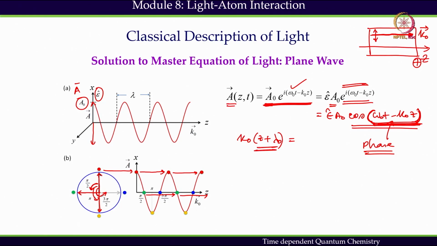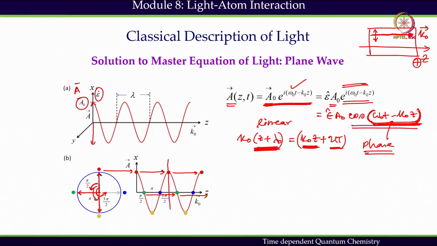So this is linear advancement, and as a result I will have this angular advancement of 2 pi. Remember, k naught z is representing an angle, but z is representing certain distance, linear. So this part is linear, but total part is an angle, and that's why we added 2 pi advancement.